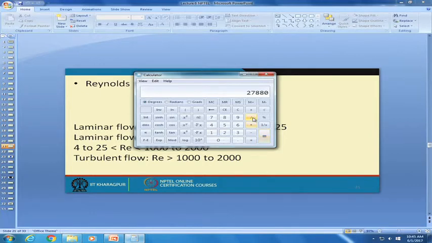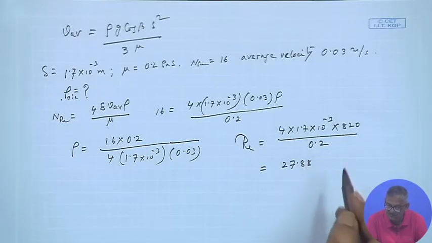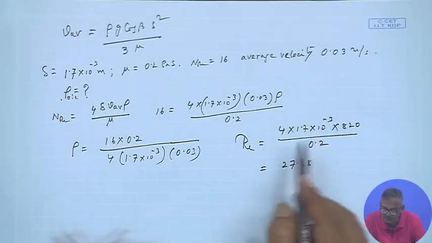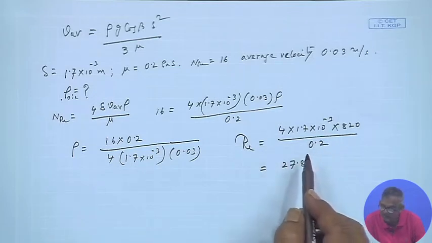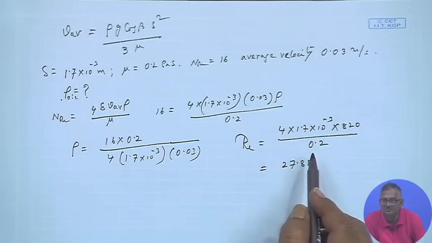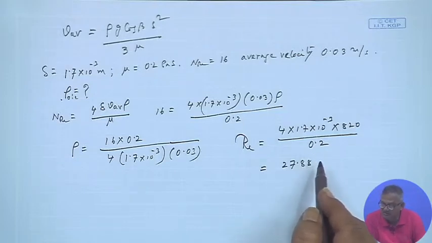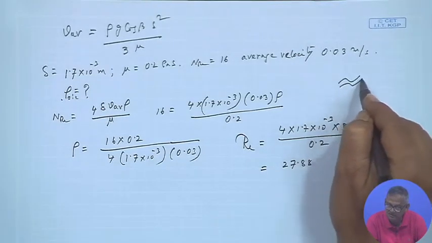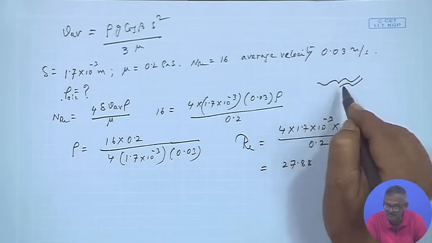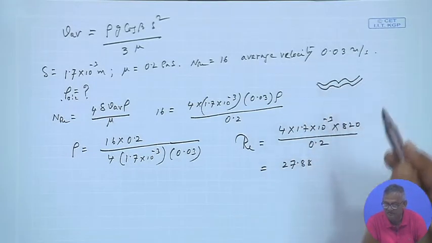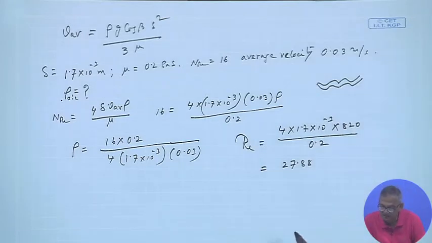So, this divided by 1000, so 27.88. So, that means there is some turbulence with this value, right. Because of this there is some rippling like this, as we said that some rippling like this may happen, right.